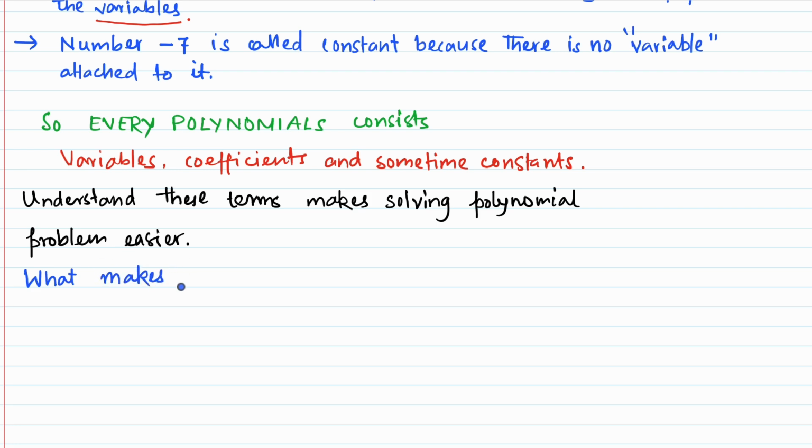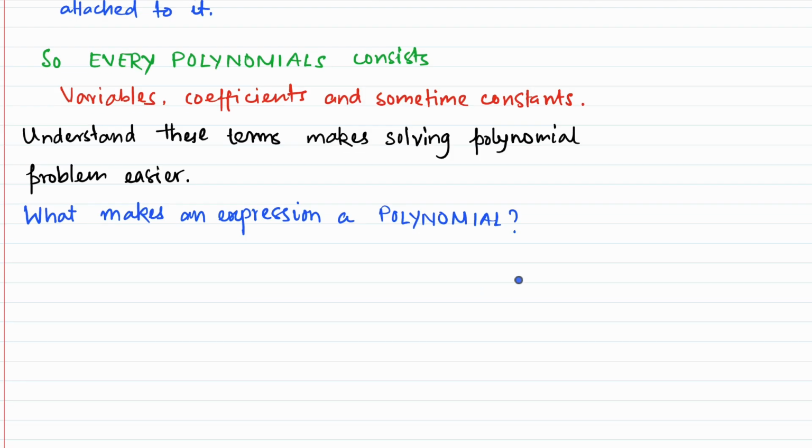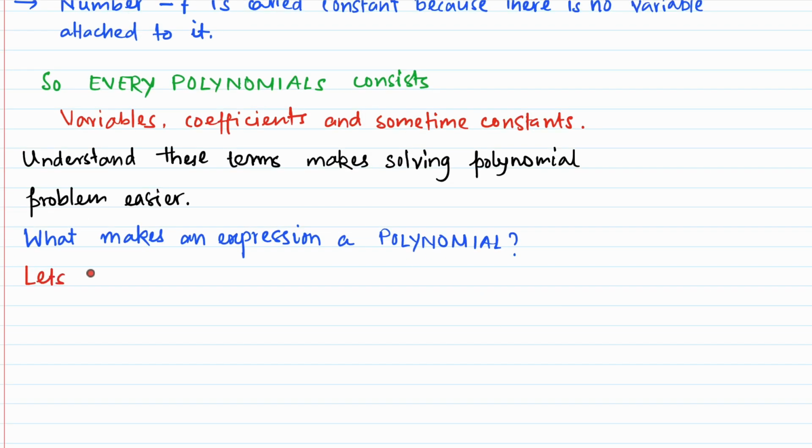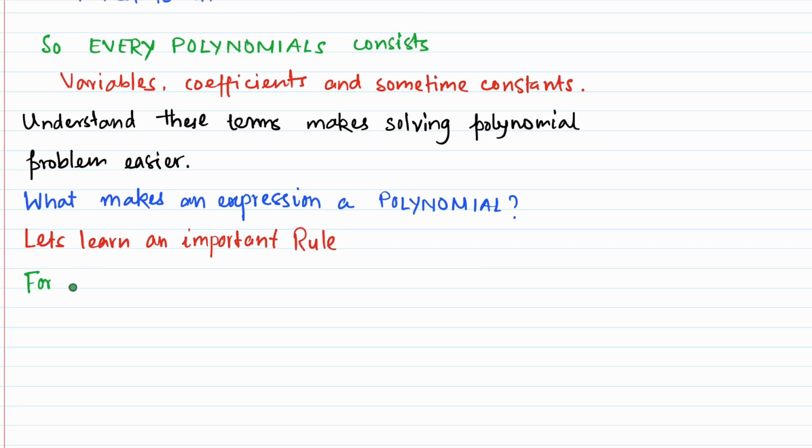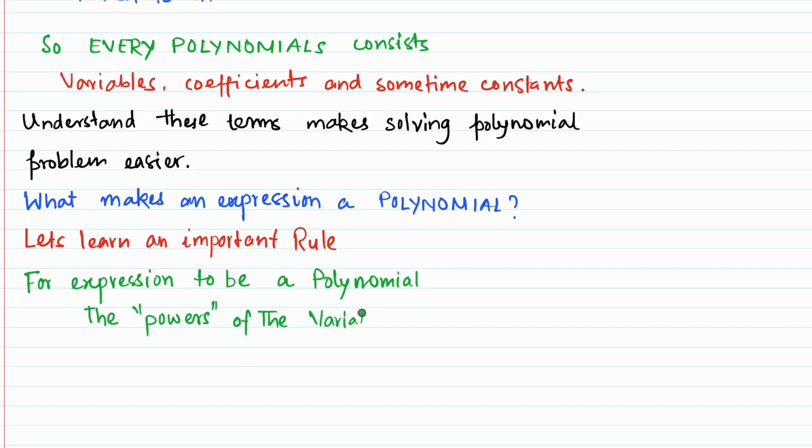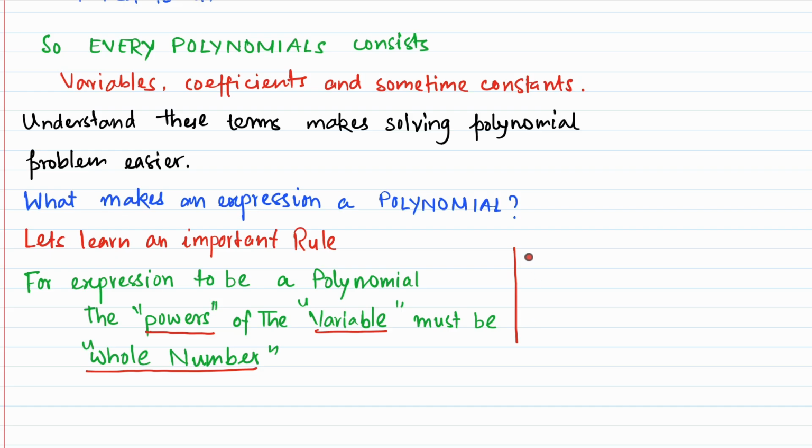Now, what makes an expression a polynomial? Which particular expression will we say is a polynomial? Let's learn an important rule. For any expression to be a polynomial, the main rule is that the powers of the variable must be whole numbers.